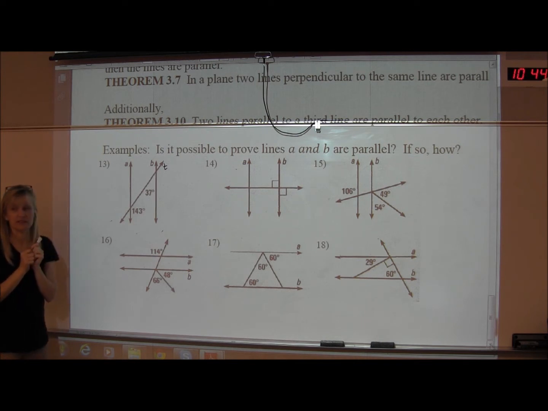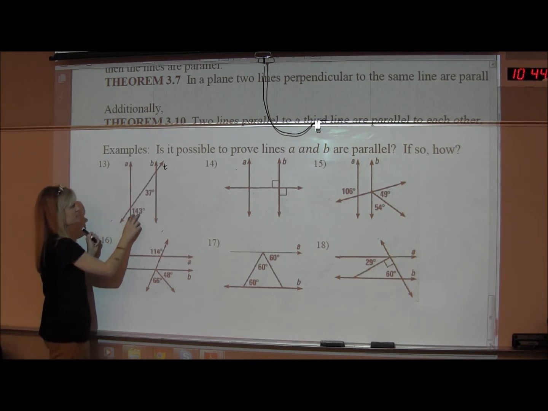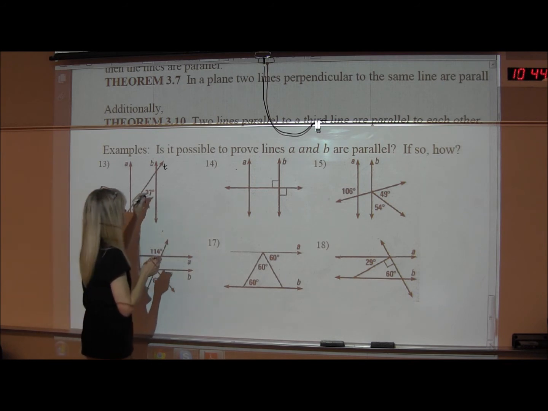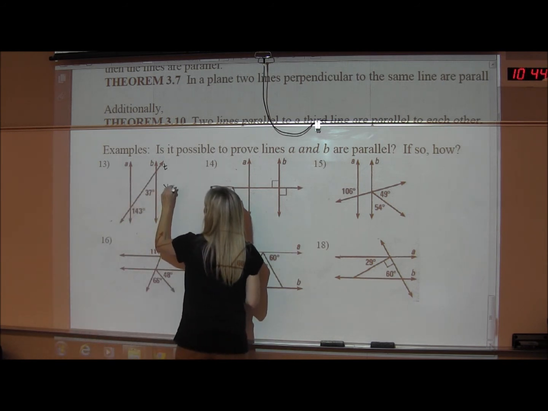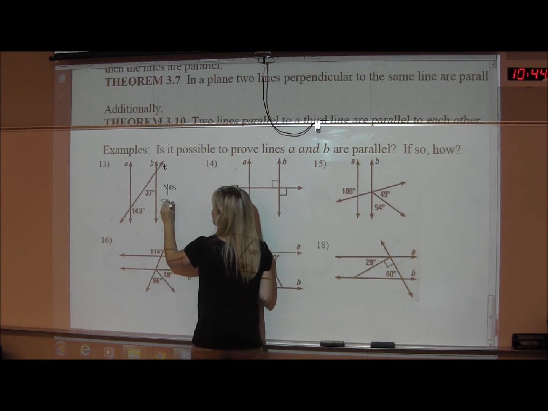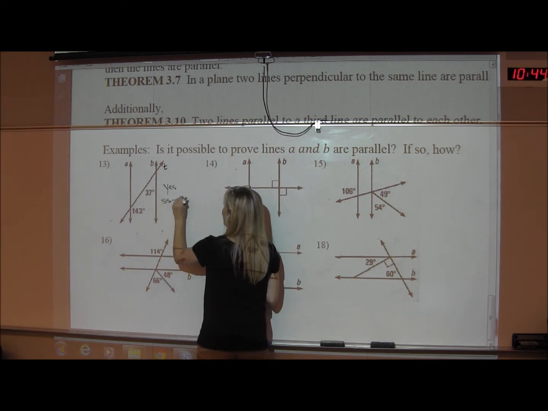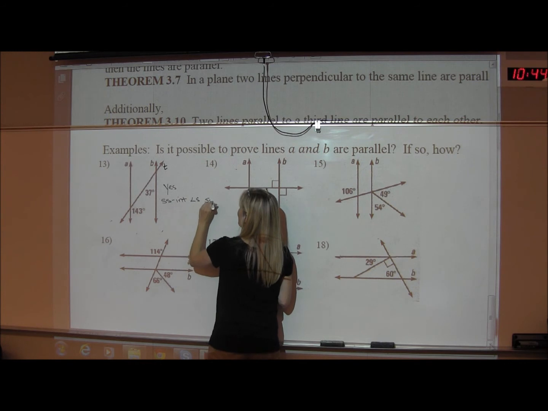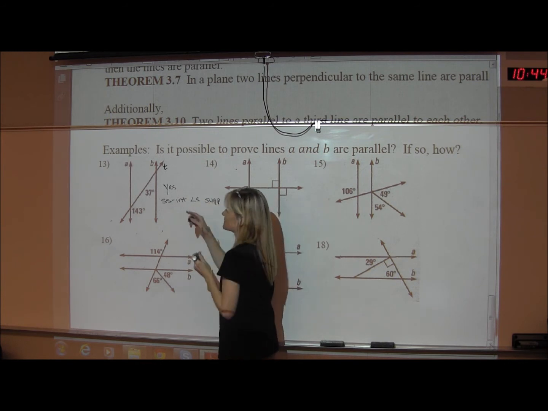Same side interior angles have to be what for the lines to be parallel? Not congruent, but supplementary. Do these add to 180? They do. So yes, because same side interior angles are supplementary. So now we know those lines are parallel.